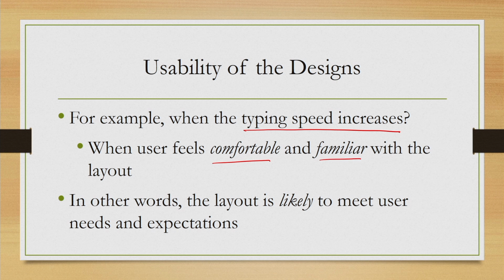Now, this comfort or familiarity with the layout is related to the needs and expectations of the user. So, if we see an increase in typing speed, then it is likely that the layout is able to meet users' needs and expectations.